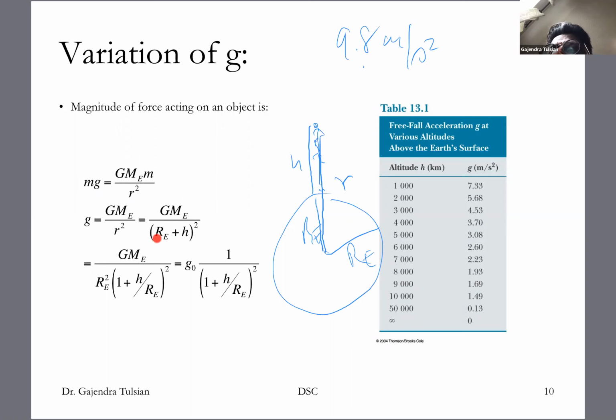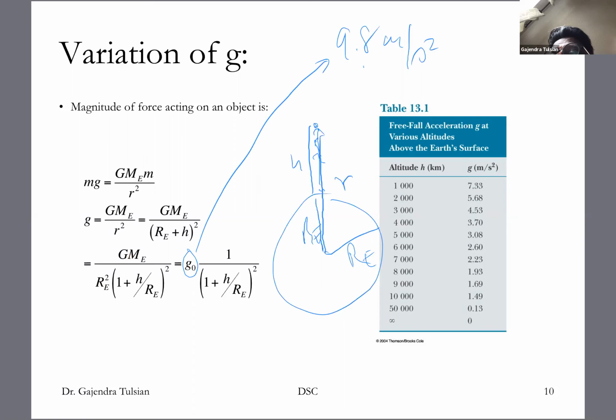Because r squared is (R_E plus h) squared, and you can pull out R_E squared. So what you get is GM_E over R_E squared, and this is the acceleration due to gravity on the surface of the Earth, and that is 9.8. So g naught is that.